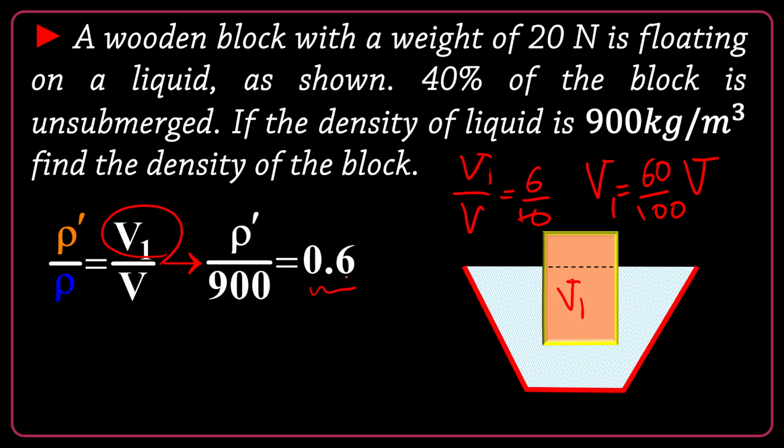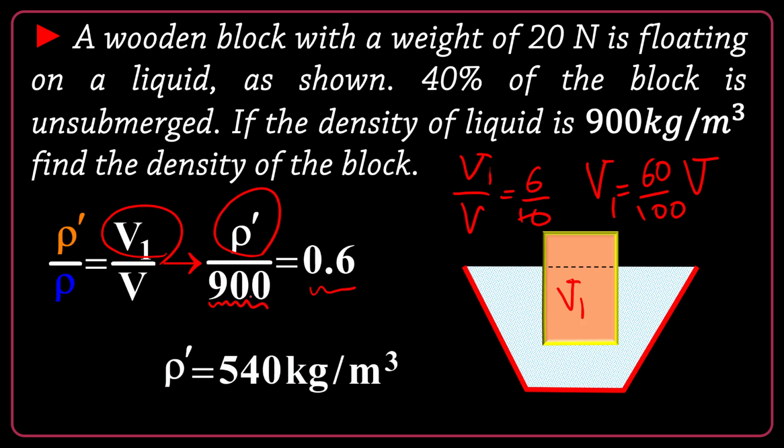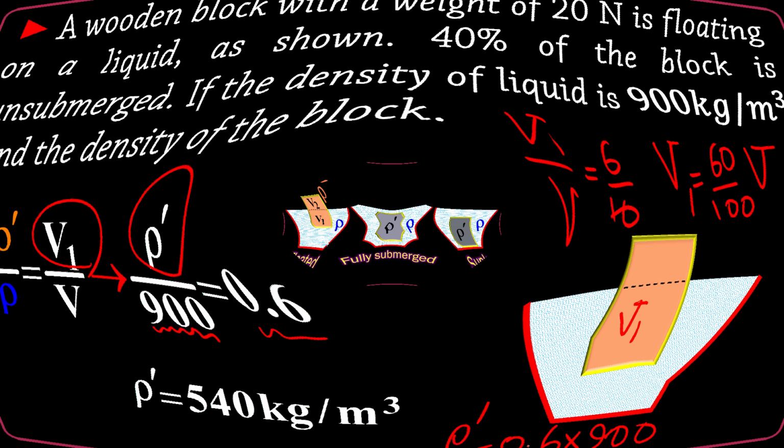And on the left side, I have also rho prime, density of the object, which is my goal, divided by density of the liquid. Good, so we are done. And we can easily find the rho prime. How? Rho prime is going to be 0.6 times 900, 540 kilogram per cubic meter. This is the density of the object.